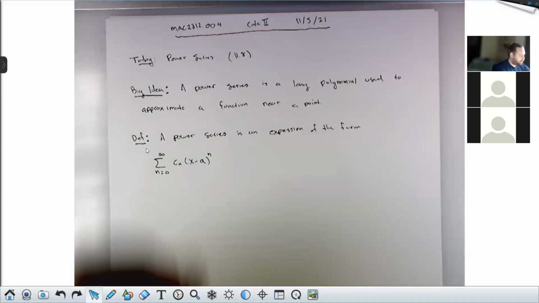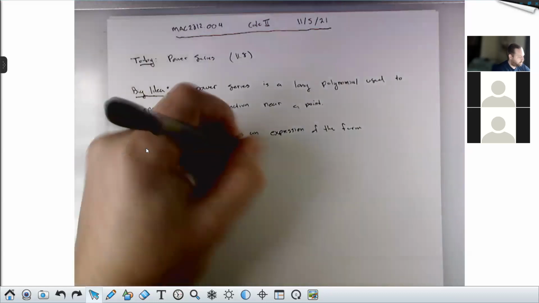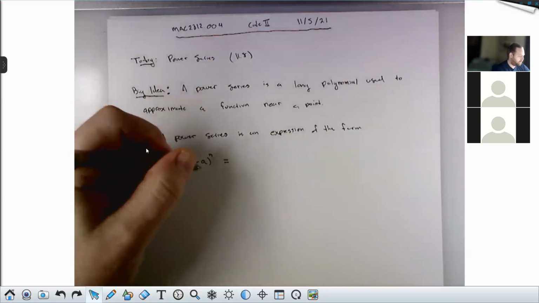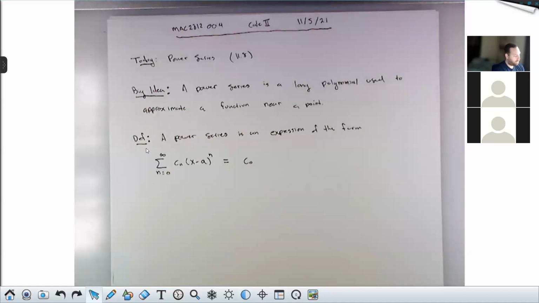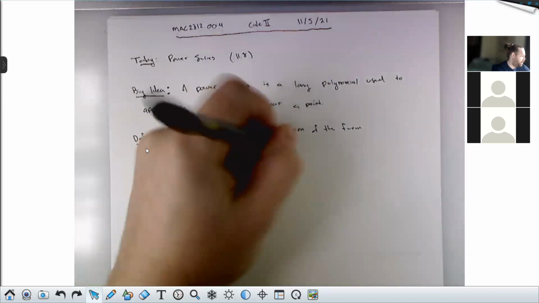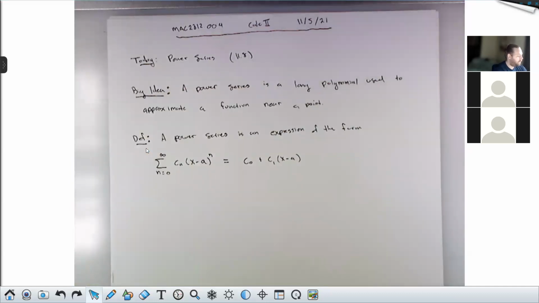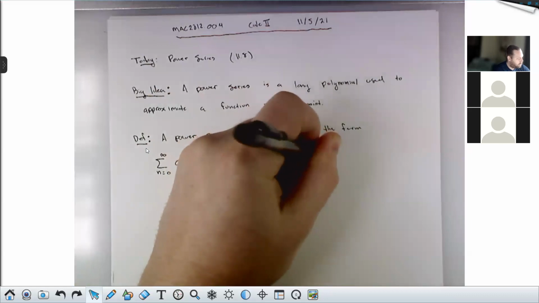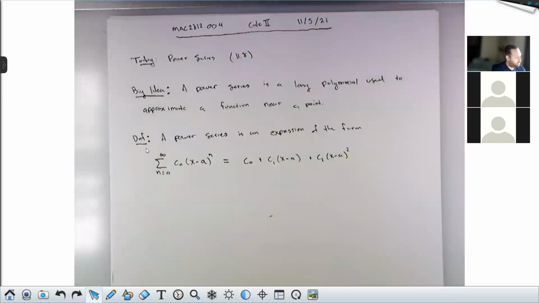The first few terms of this expression, we plug in n equals 0. You get C0 times (x minus a) to the 0, which is just C0. And we add to that C1 times (x minus a) to the 1. And then we add to that C2 times (x minus a) squared.